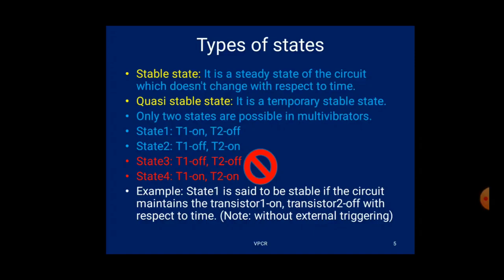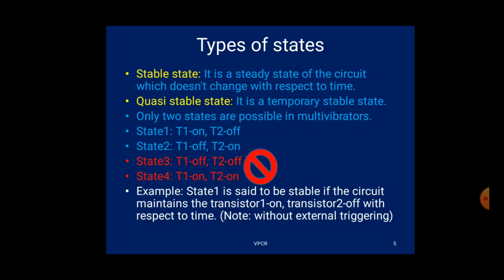Then with respect to time, when you are not giving any external triggering, if the circuit is still maintaining T1 on and T2 off, then we can call state 1 a stable state. Similarly, if state 2 is also maintaining the same situation, then state 2 is also a stable state.